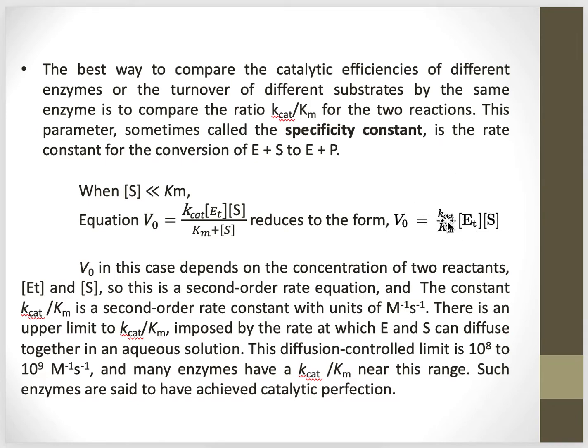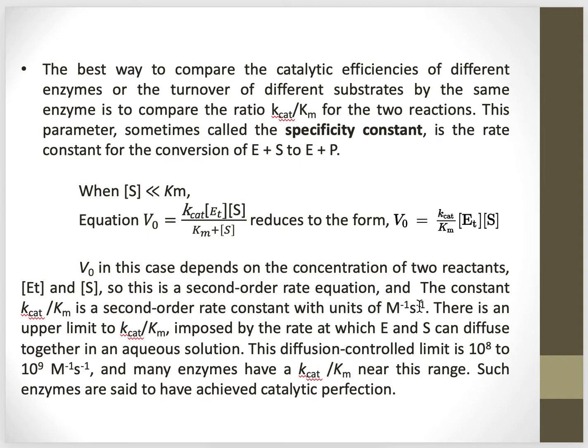From this equation we know that kcat is a constant and Km is also a constant. The variables are the enzyme concentration and the substrate concentration, so the value of V0 depends on these two. That's why this is a second order rate equation, because the rate depends on the concentration of two substrates. As it's a second order rate equation, the constant kcat by Km is a second order rate constant, and its units are per molar per second.